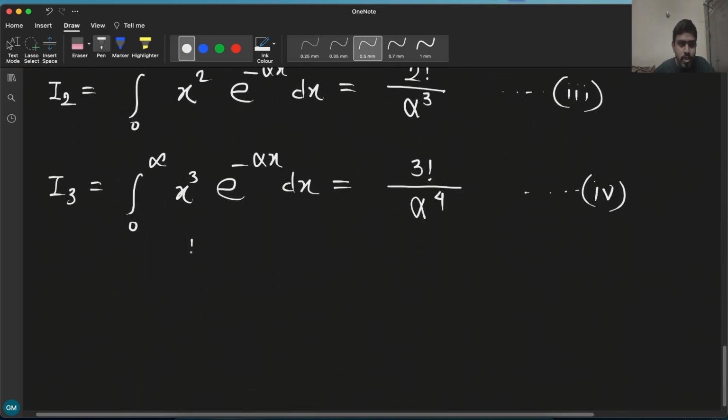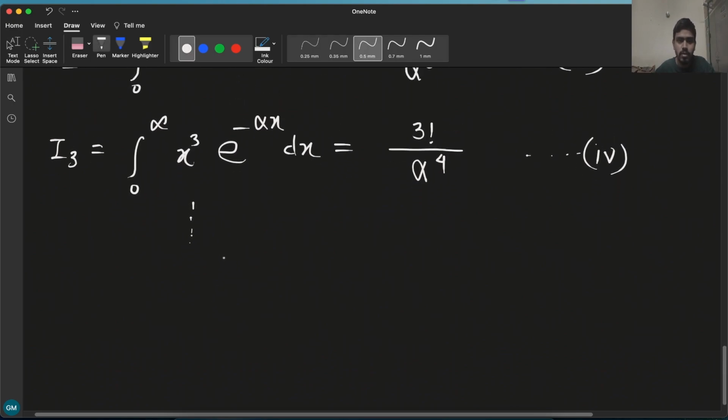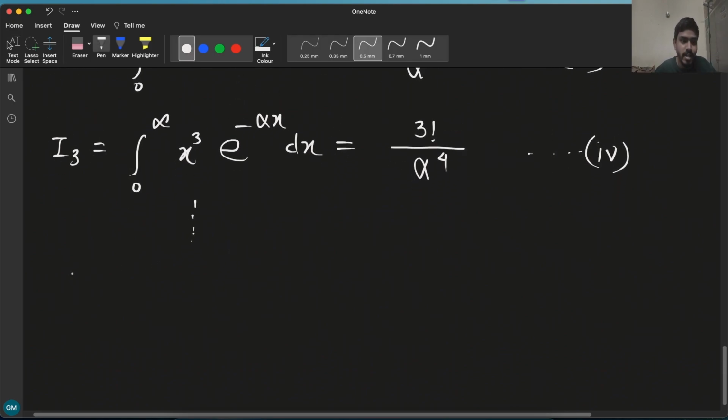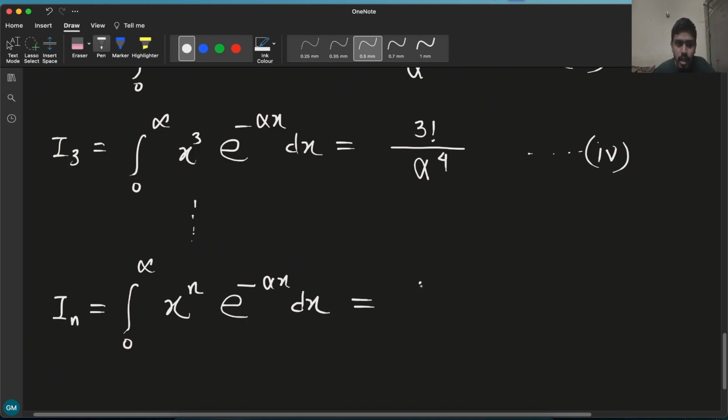And if we follow this trend, this pattern, I can write that In equals integration from 0 to infinity x to the power n e to the power minus alpha x dx equals n factorial divided by alpha to the power n plus 1.